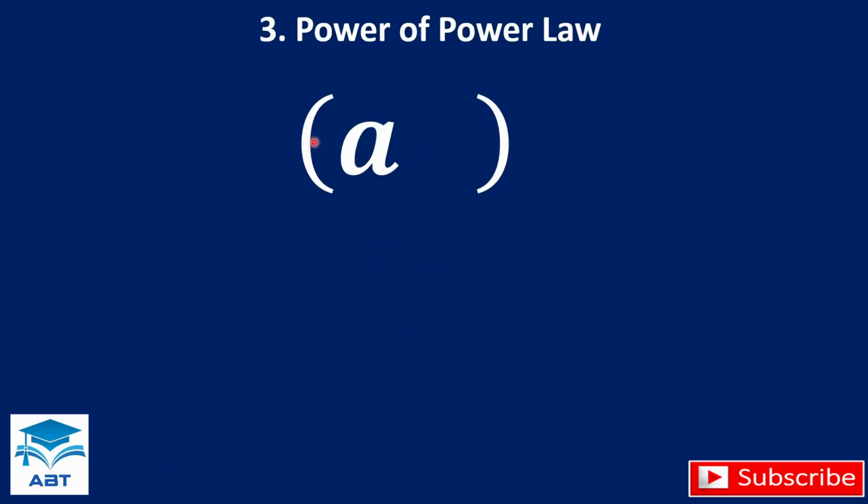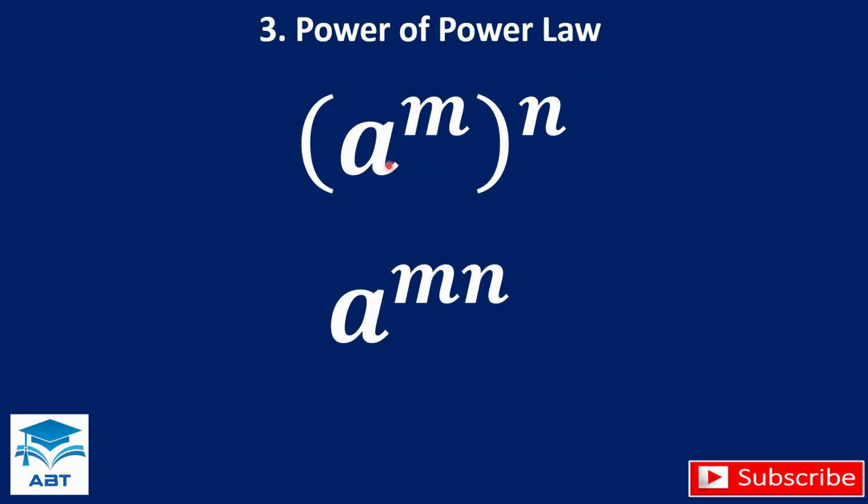The next law, we have the power of power law. Let's assume we have a exponent m in a bracket and another exponent n outside the bracket. If you have an exponent and another exponent, then it means that we maintain the base and multiply the two exponents.